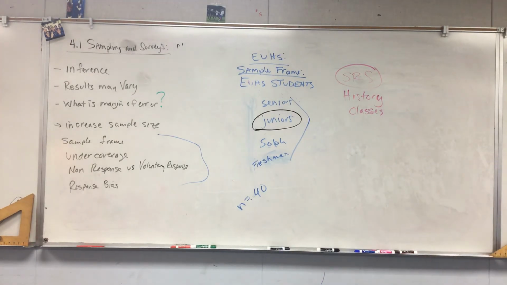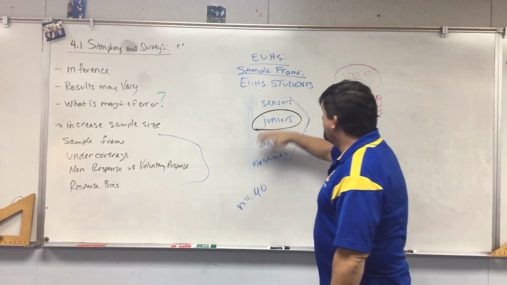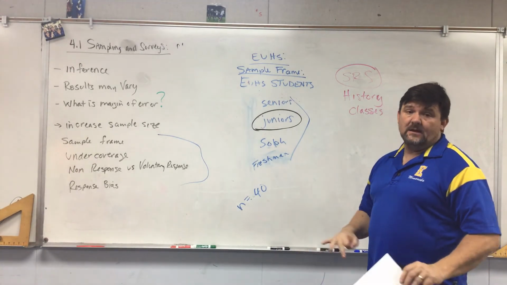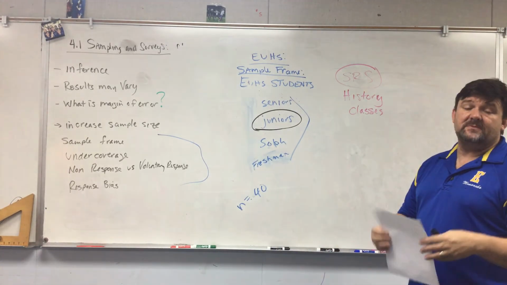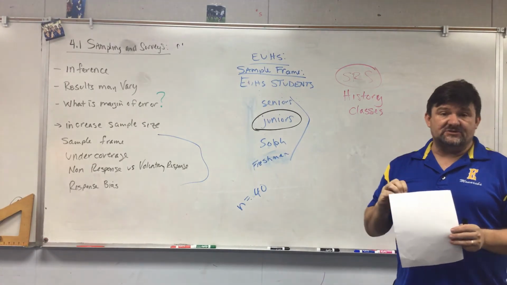So that is a sampling error. It's a pre-sample error. We may have undercoverage from that. It's voluntary response. There's some issues with that because they're volunteering. We're not randomly choosing somebody.